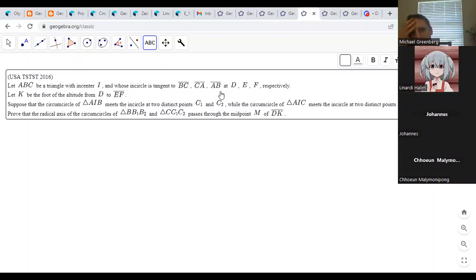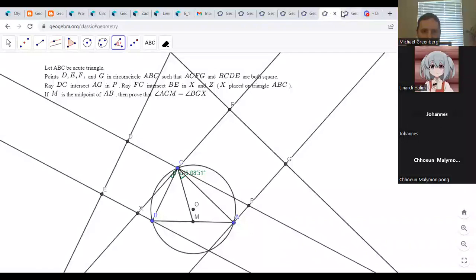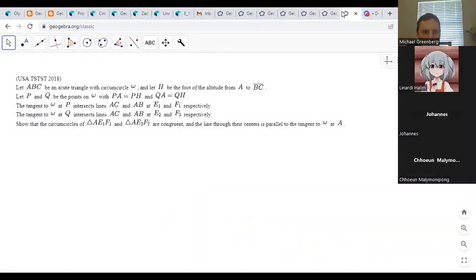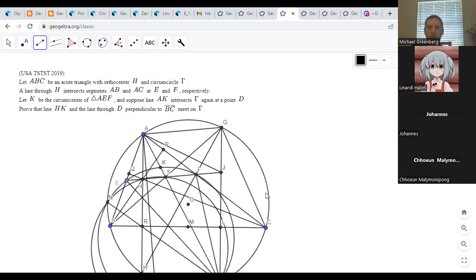It looks like you might invert about the N circle, or something like that. And this one, I'm not sure. But this was surprisingly hard. So I think I'm going to stop here.